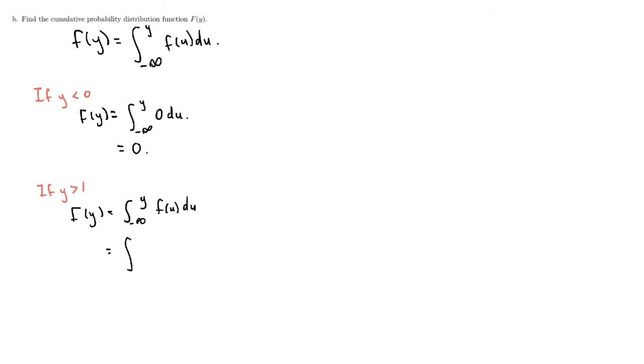So it'll be minus infinity up to 0 of 0 du, plus 0 up to 1 of 30 u squared 1 minus u all squared du, plus 1 up to y of 0 du.